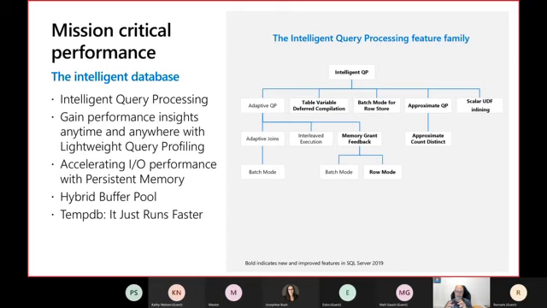This gives you a much better way to stabilize the resource consumption, and to have, again, what we said at the beginning, a stable execution along the way, right? The one that I like a lot here is scalar UDF inlining. You know that historically SQL Server is not doing very well with scalar functions.